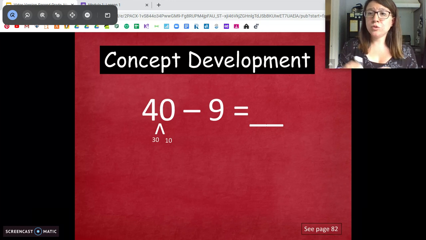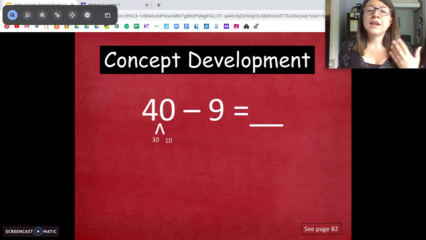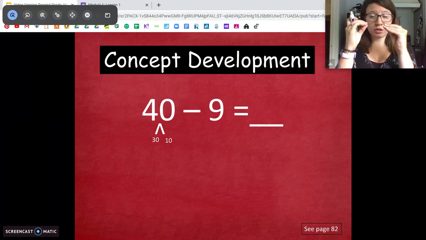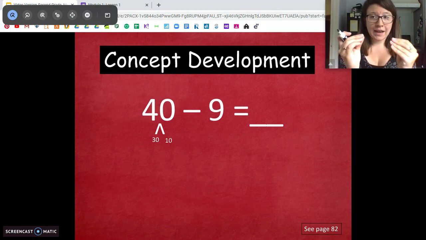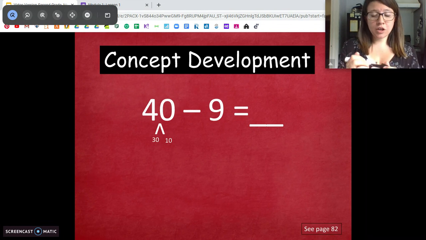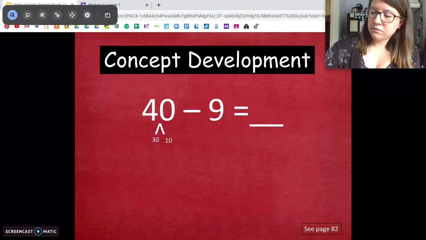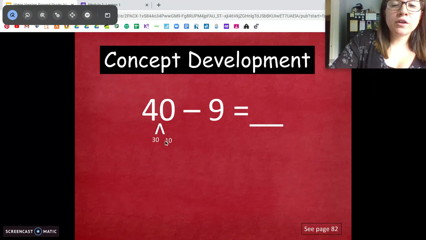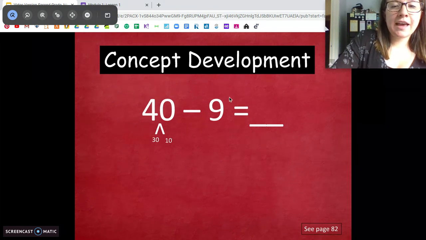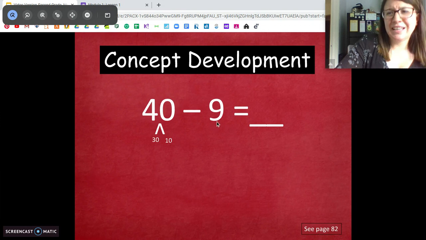Another way to do this is to do what we were doing with the number bonds and break down our multiple of 10 by pulling out 10 and then adding in that extra part. So if we have 40 minus 9, your first step is going to be to take this 10 fact. 10 minus 9 is an easy fact, right?